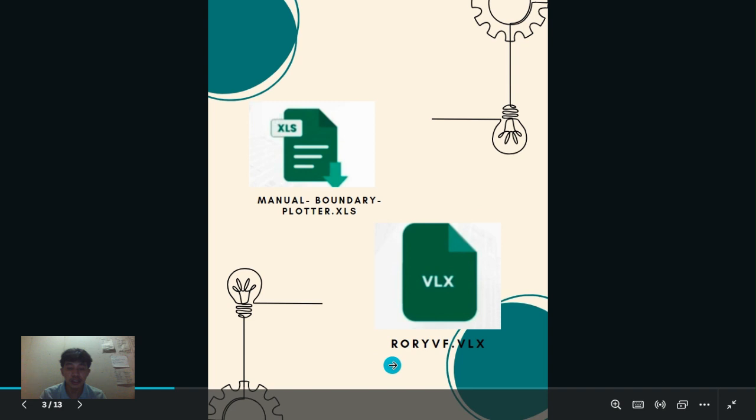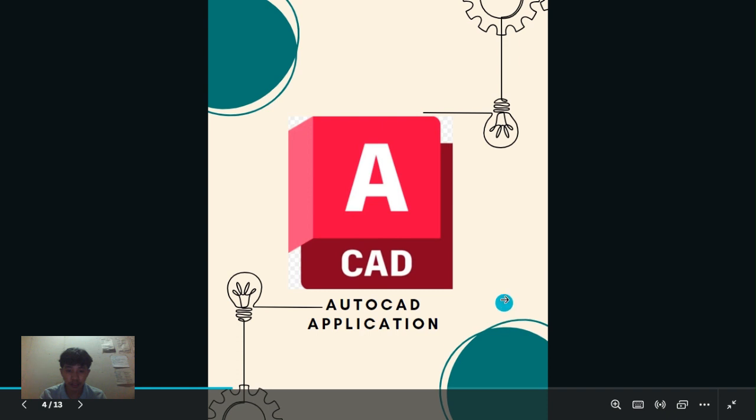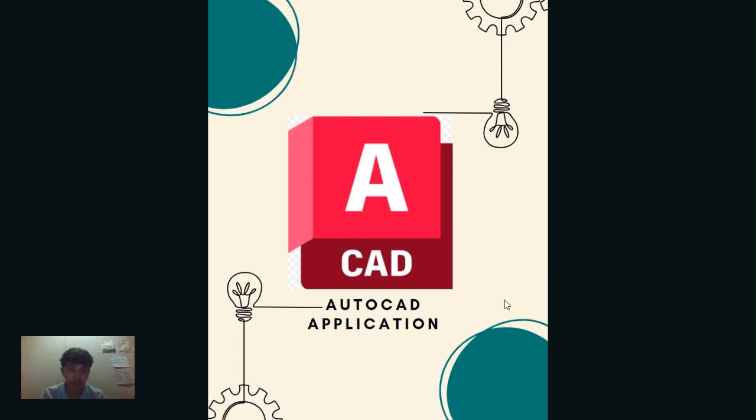The next one is the roryvf.vlx file, also that we can use later on in this video. The last one is the AutoCAD application that we're gonna use as well later.